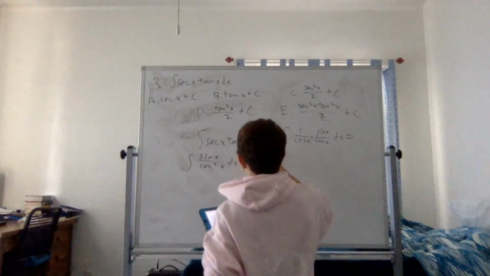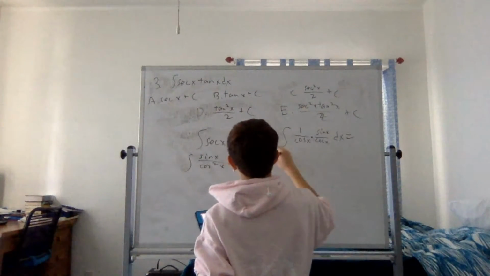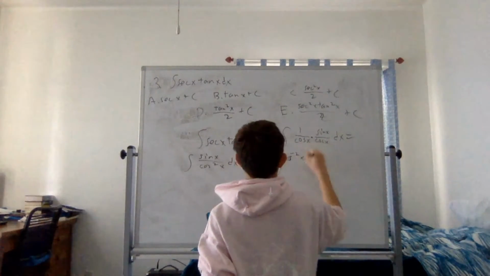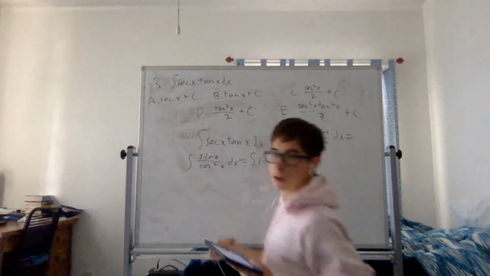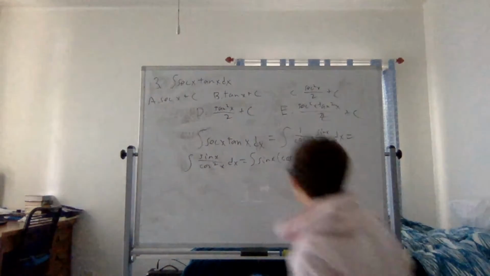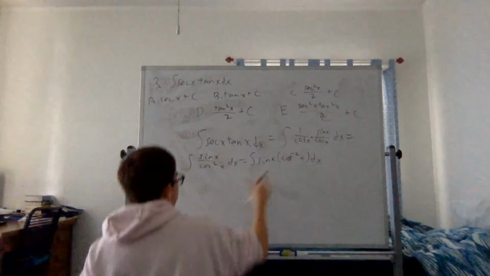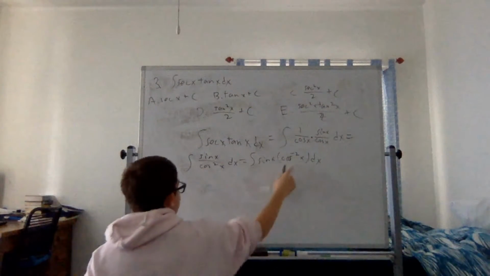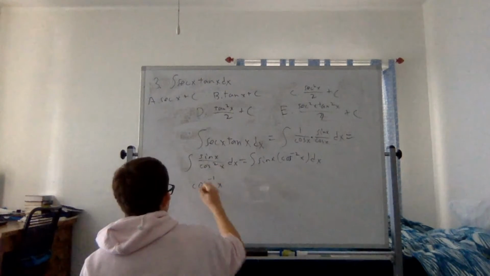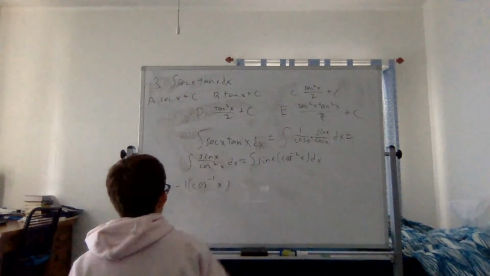Which is the same thing as sine of x times cosine to the negative second x dx, right? So now we can take the antiderivative of this, right? So the antiderivative of cosine of something to the negative second is something to the negative first, times negative 1, right?